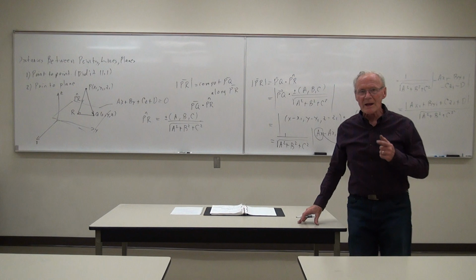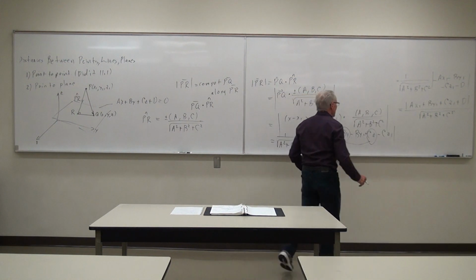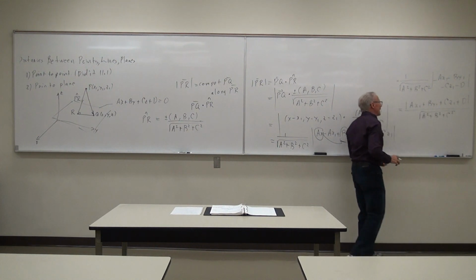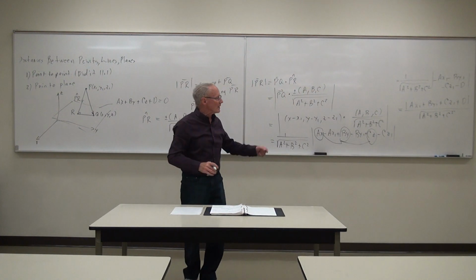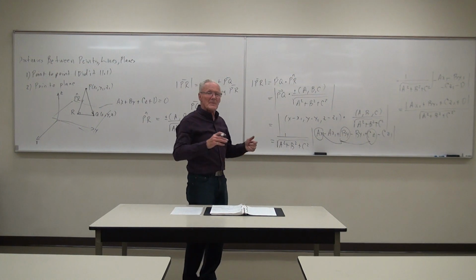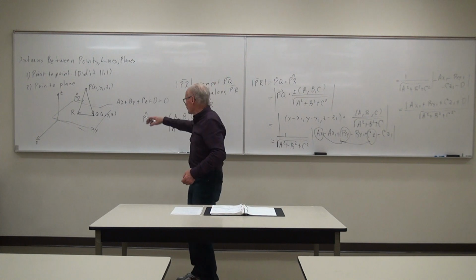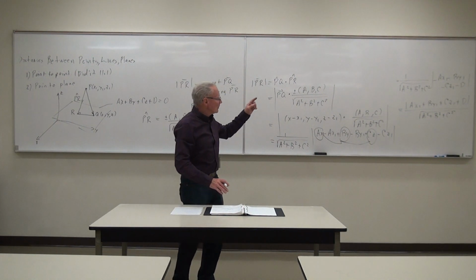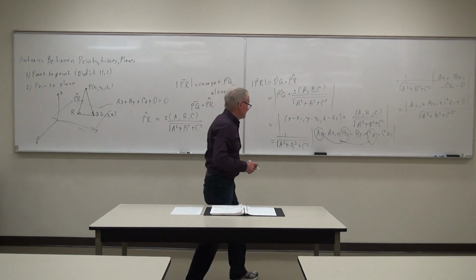I've got me a formula for the distance from any point x1, y1, z1 to any plane ax plus by plus cz plus d equals 0. There's my formula. Memorize it. I would recommend that you do. If you don't, then you will go through this every example that I give you. I think it would be recommended that you memorize that formula.